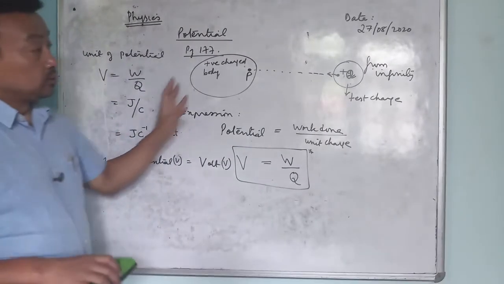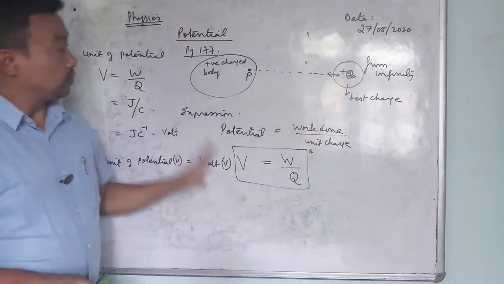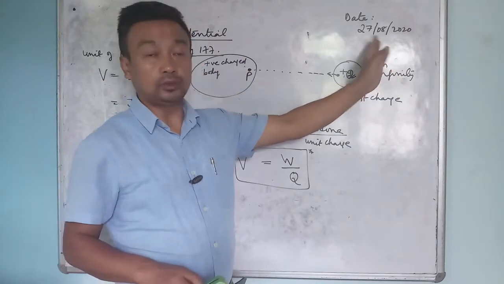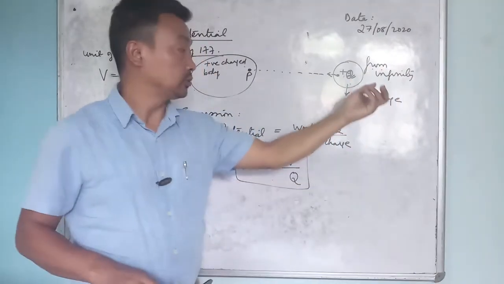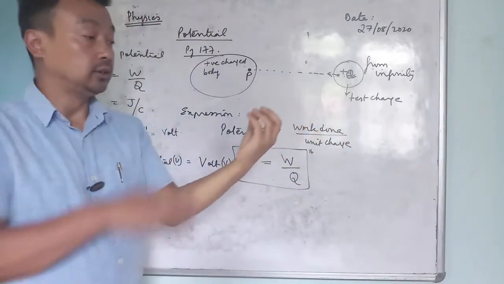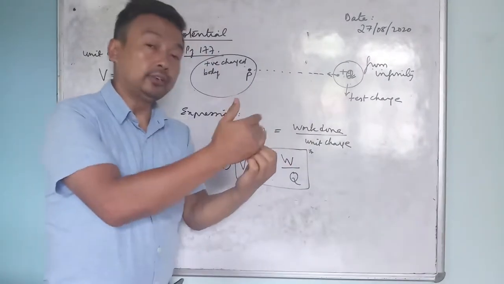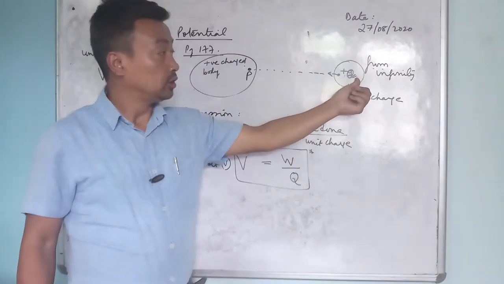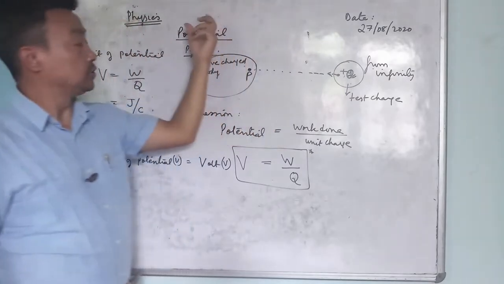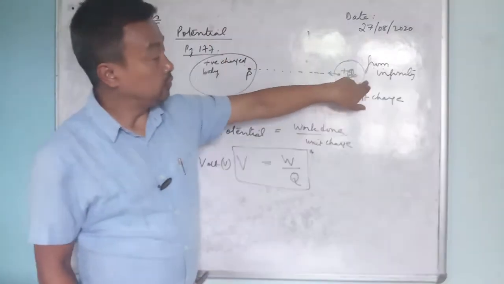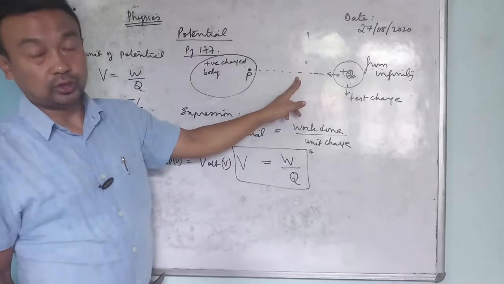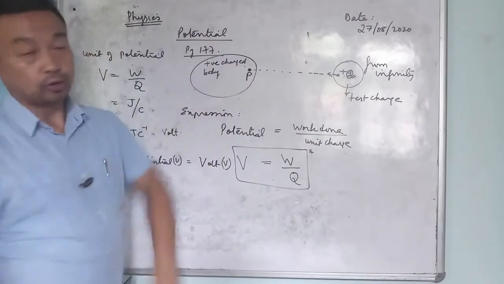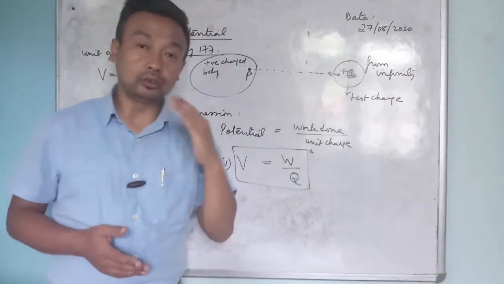Now from here you will get the potential difference if you remove the infinity. When you bring the charge from one point to another, suppose this point is at infinity in case of the potential. Now if this is brought very close, let us say from point A to point B, then the potential will change into the potential difference.